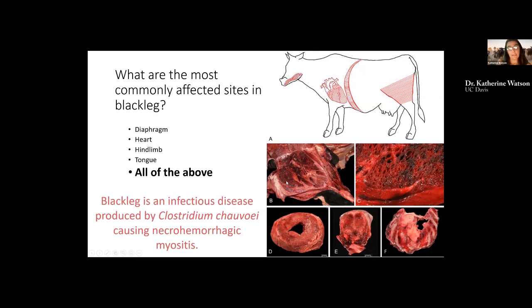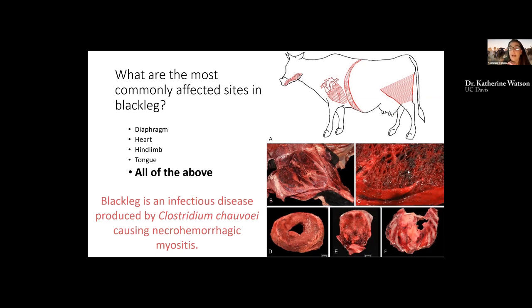And these are representative examples of what you'll see. So in that hind limb, you'll see that there's an incredible amount of hemorrhage. And if you haven't seen necrosis, and necrosis just means death of tissue, that's what this looks like. So the tissue is dead and it has a lot of blood outside of vessels in it.